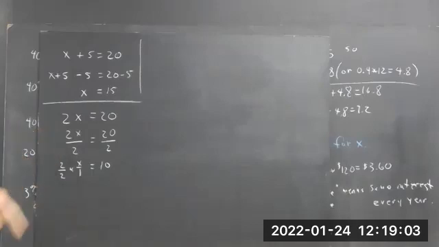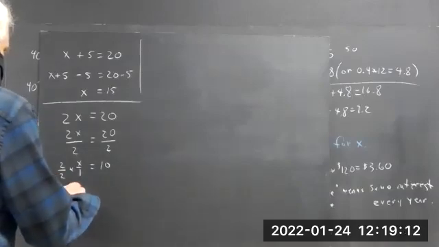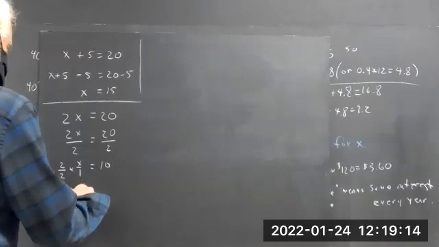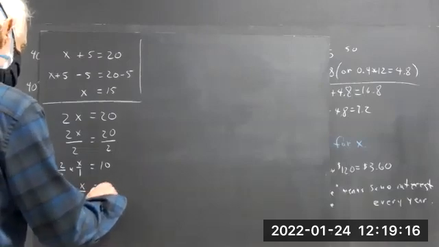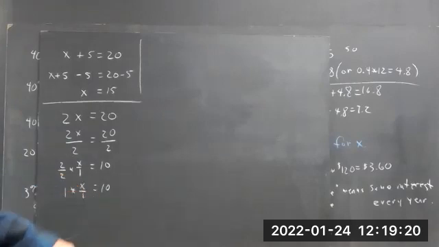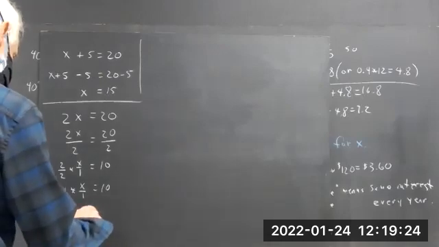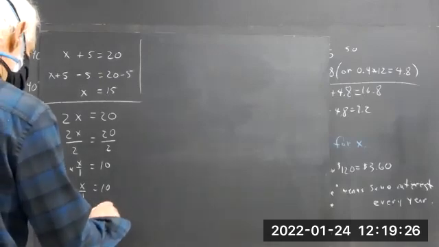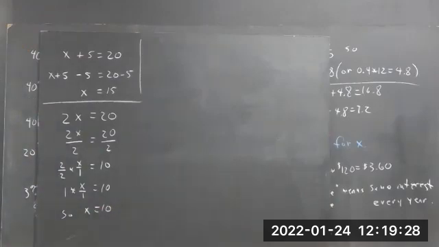So this is clearly true. But what's 2 divided by 2? That's 1, times x divided by 1 equals 10. But x divided by 1 is just x, and 1 times that is just x. So x is 10.